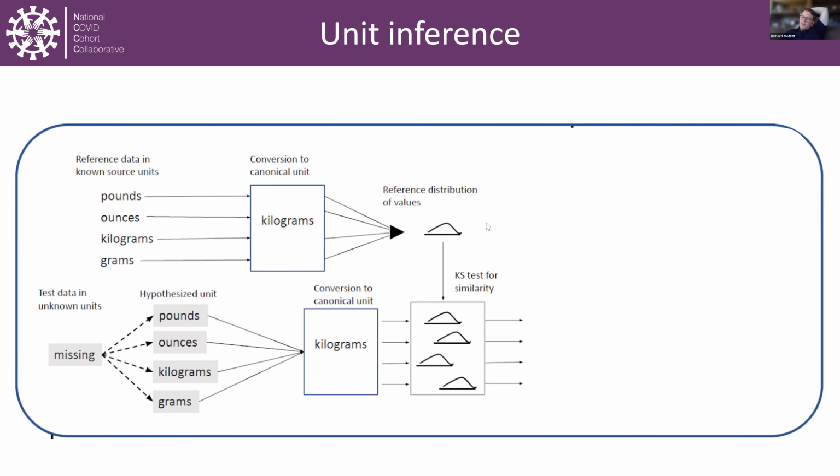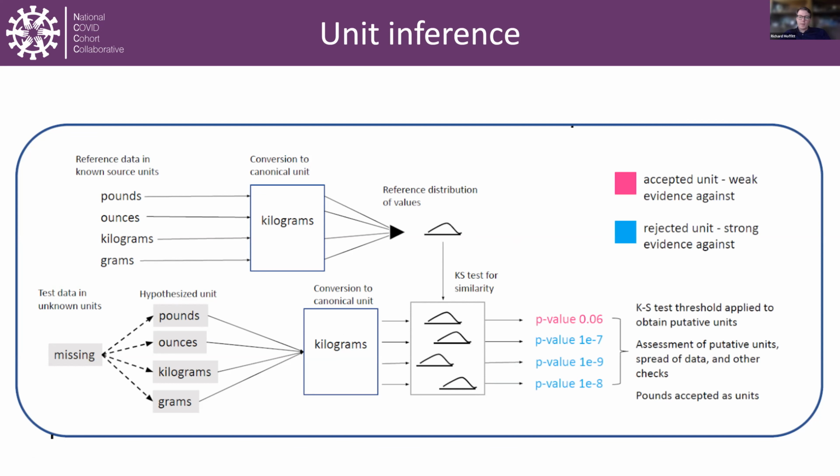So the next step here is we can use a Kolmogorov-Smirnov test for similarity to really try and quantify whether or not these hypothesized distributions actually match the ground truth standard from the whole rest of the data in N3C. What we're going to do from this is get a p-value for these KS tests.